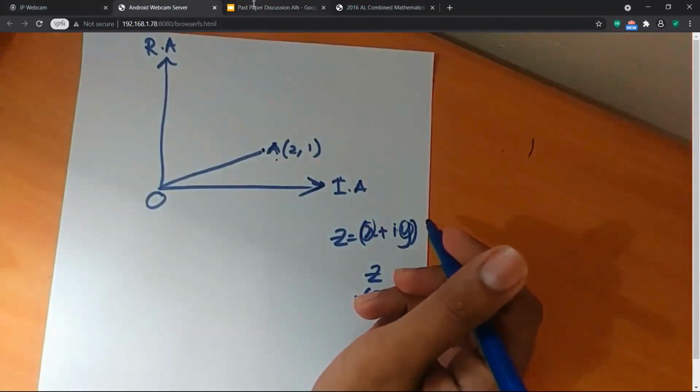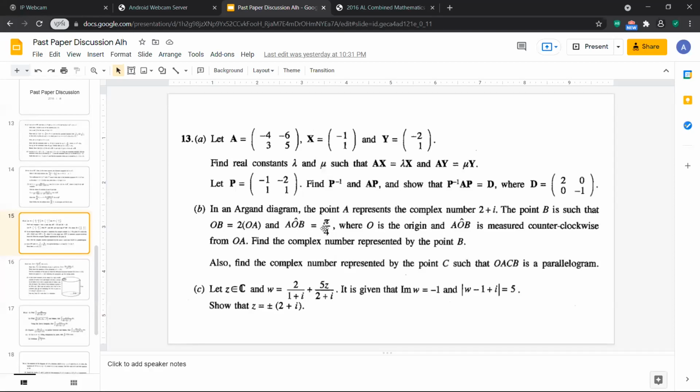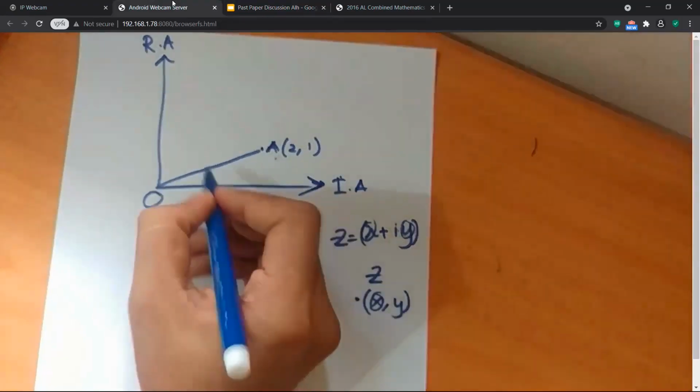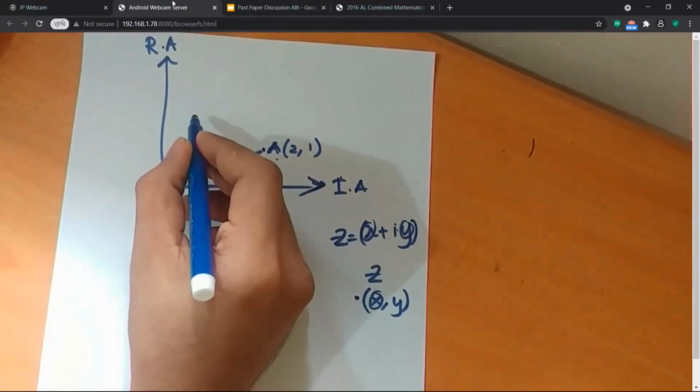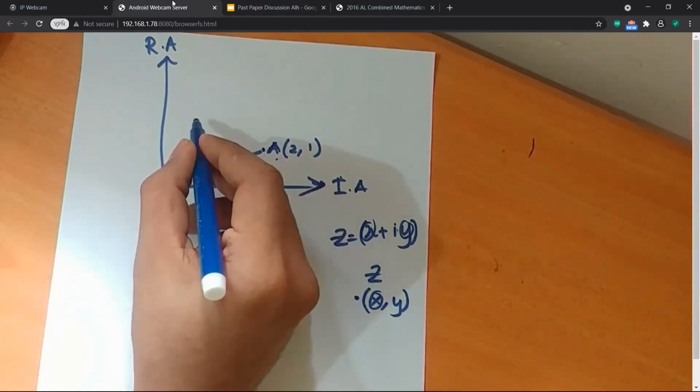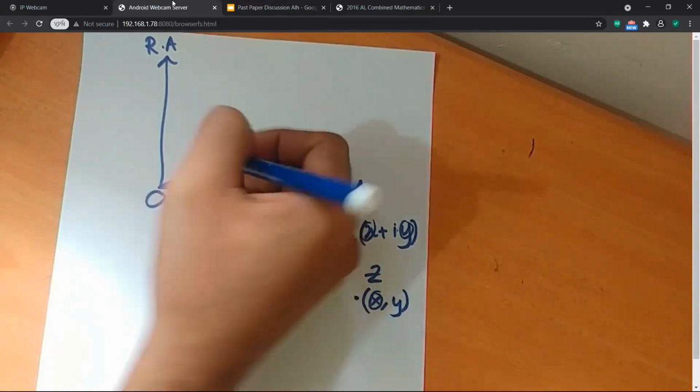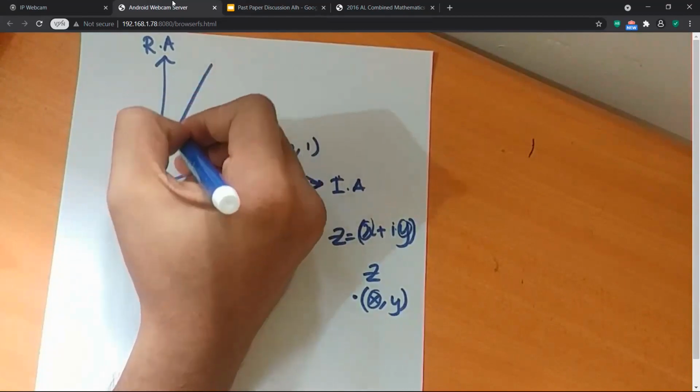And the other thing is that the angle AOB is 5 by 4, which is 45 degrees, and AOB is measured counterclockwise from OA. So counterclockwise means in this direction, right? So in this direction by 5 by 4, and the length OB is twice the length of OA.